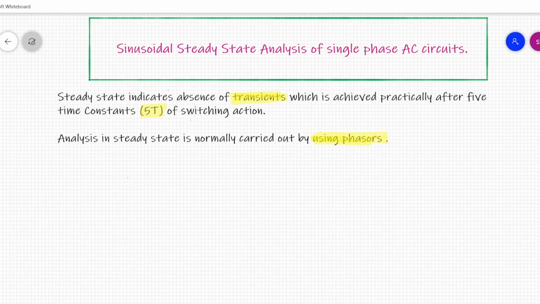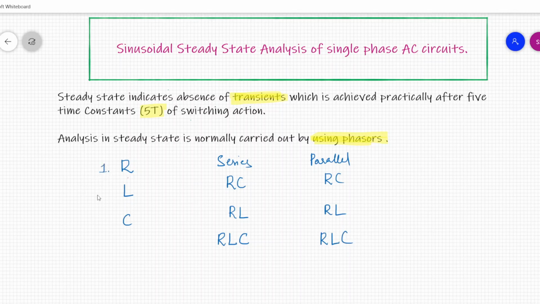Here we will be having different combinations. We have already seen the behavior of R, L, C individually, but I will tell you once again for understanding. There will be series combination and parallel combination of elements: series combination of RC, RL, and RLC, and parallel combination of RC, RL, and RLC.